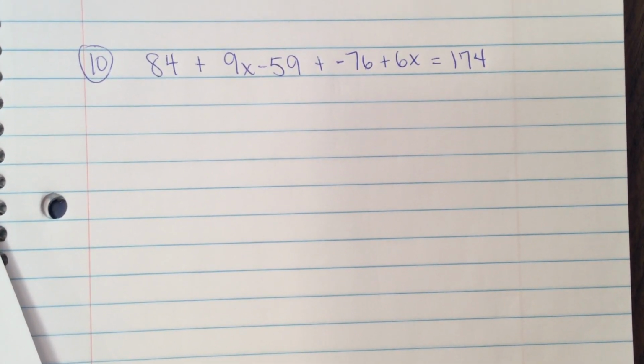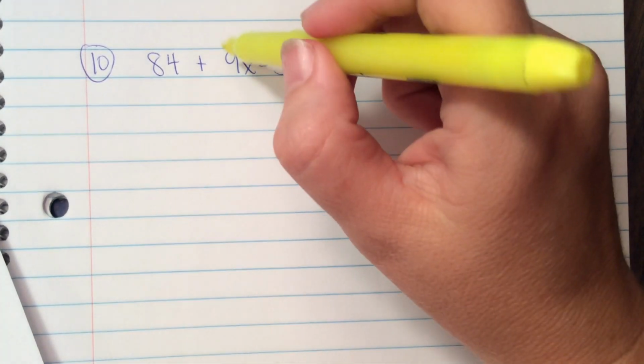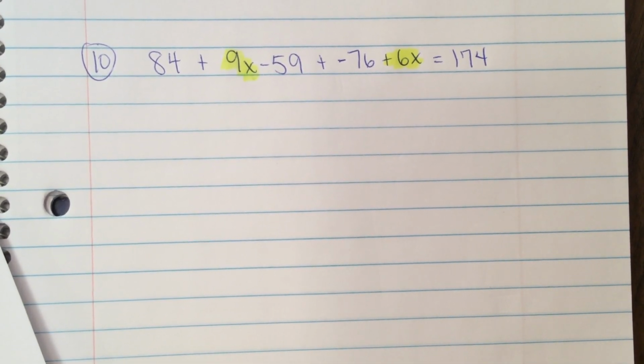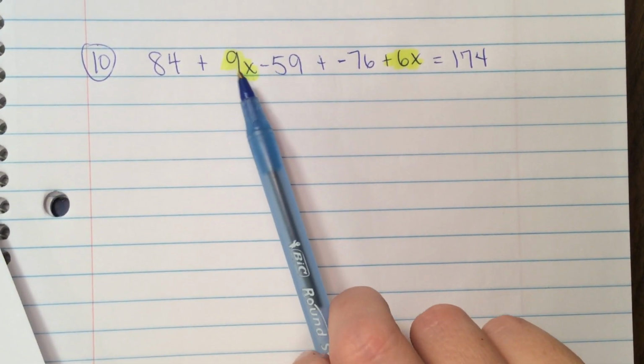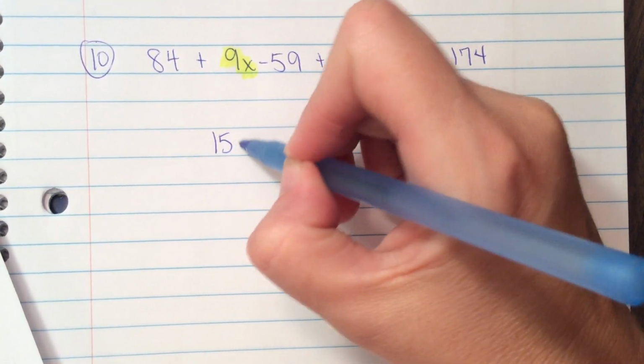I'm going to highlight all my x's. Looks like I have 2 of them. I'm going to put them together. So 9x plus 6x is 15x.